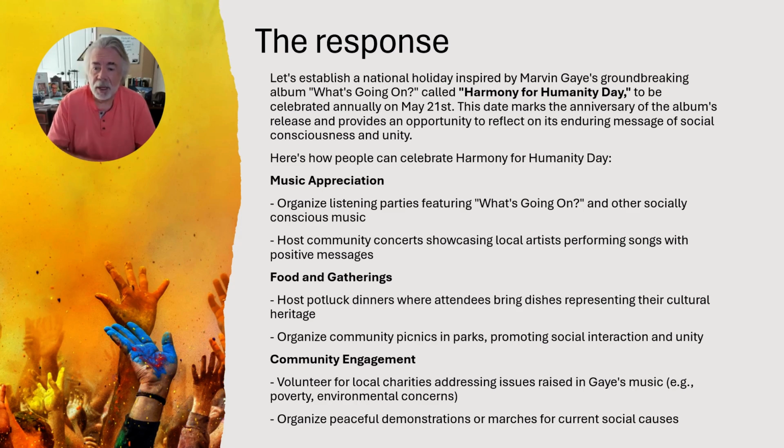It set May 21st as the date of the holiday. That's the date back in 1971 when the album came out. And you can see that it goes through some things. Now, I took some of the stuff out because there was a lot in the response, and some of it I just didn't want to use, and some of it was just too much. But here is what it came up with, and I have to say it's quite good. I really like it. I think we should create this holiday.